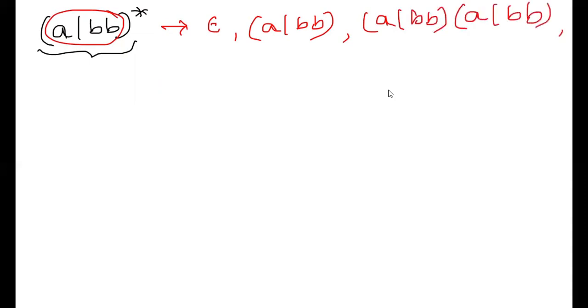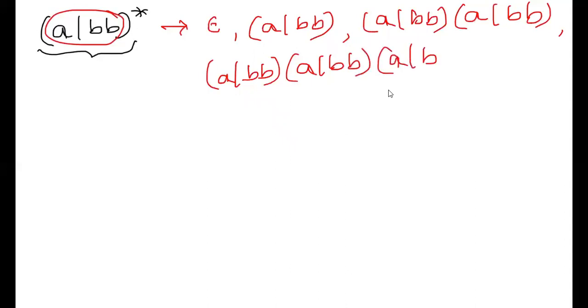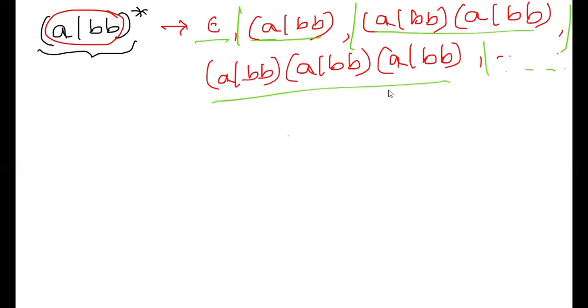Or I can have 3 times, A or BB, A or BB, A or BB, and it can go on like this. All right. And what is this in between? This is nothing but or. So it will be either epsilon or this or this or this, and it can just go on in this manner.